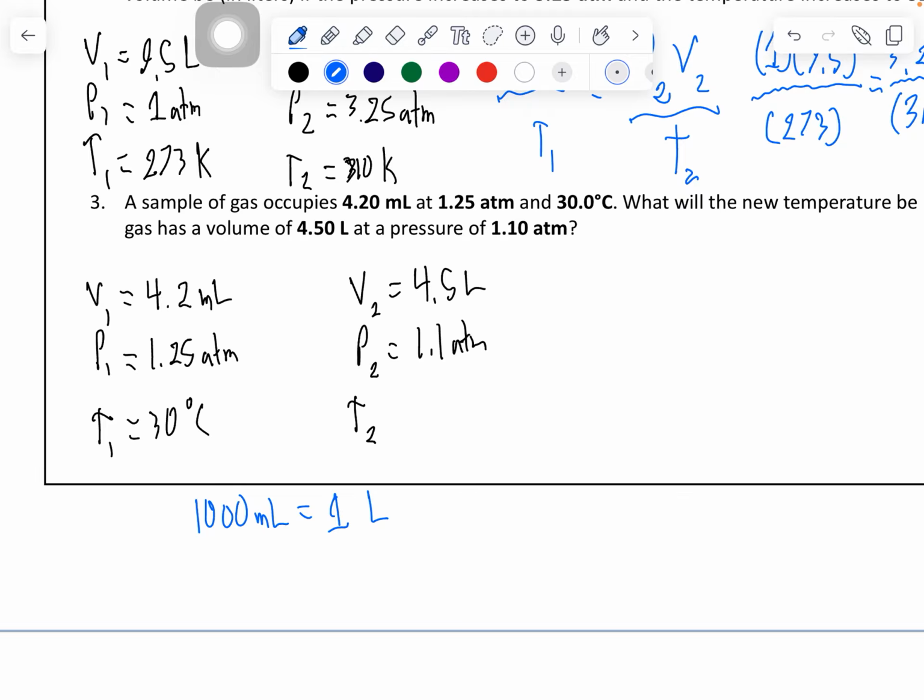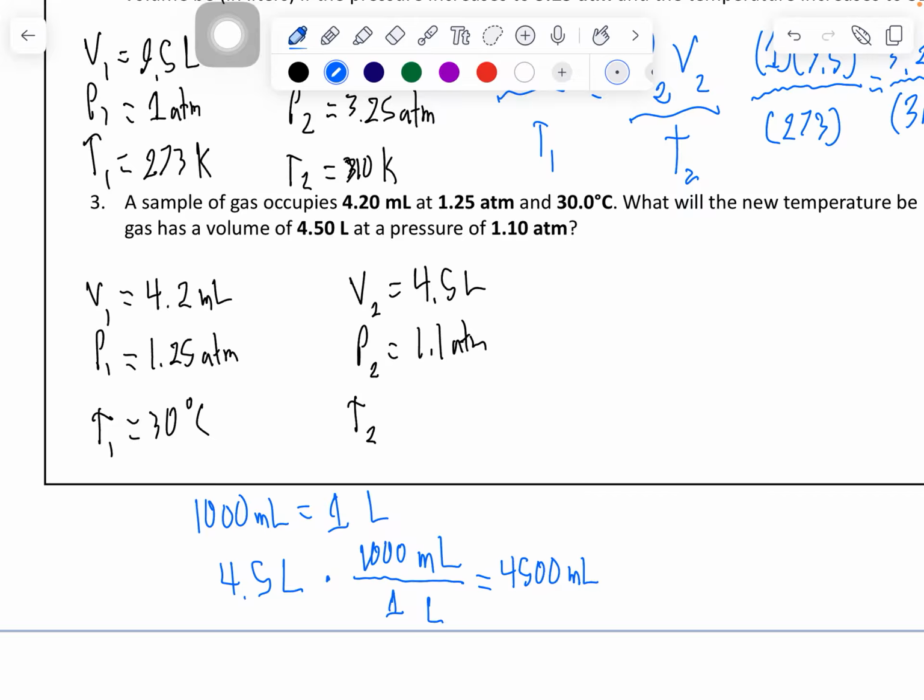Let's go ahead and turn 4.5 liters into milliliters. So to do that, start with your given, just like we practiced up above, 4.5 liters. Multiply it by a fraction. Take the unit you have, the unit you're given, the one you want to get rid of, and put it on the denominator. Take the unit you want, in this case that's milliliters, put it on the numerator. Then fill in your conversion. It is 1,000 milliliters for every 1 liter. So 4.5 liters is going to be 4.5 times 1,000, 4,500 milliliters.